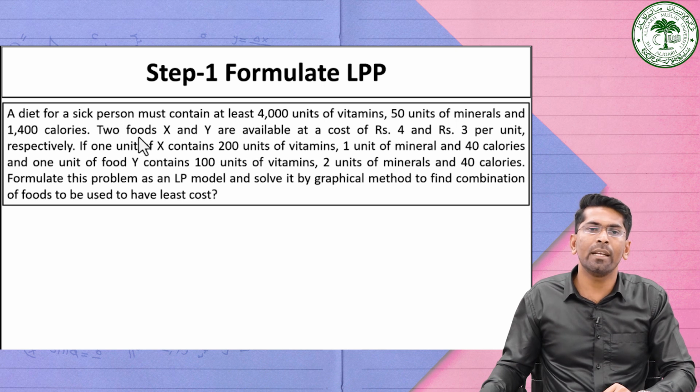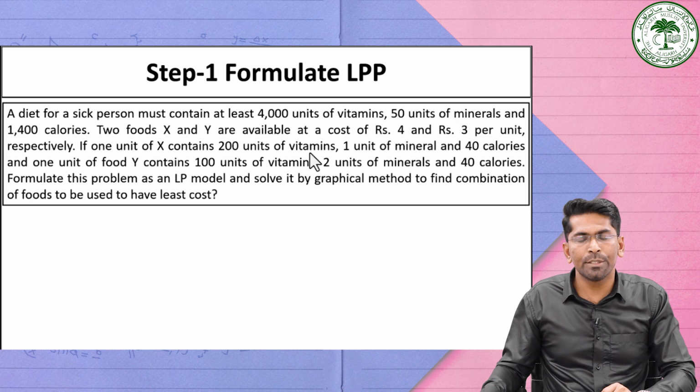Two food items, food X and food Y, are available at the cost of 4 rupees and 3 rupees per unit respectively. And 1 unit of food X contains 200 units of vitamin, 1 unit of minerals and 40 calories, and similarly 1 unit of food Y contains 100 units of vitamin, 2 units of minerals and 40 calories.